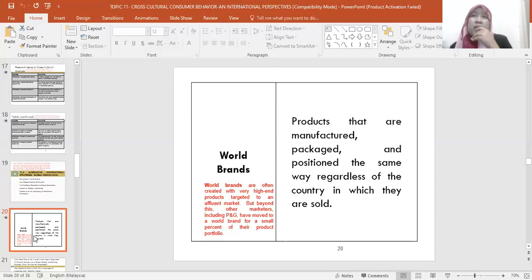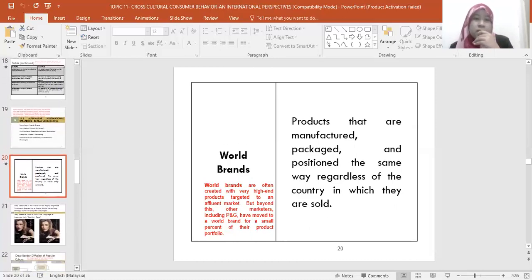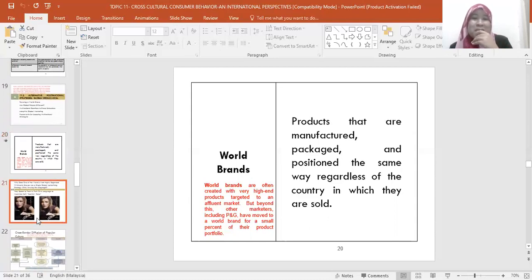So not all products in this world have the same standardized product. Even if the function is the same, the STP will be totally different, especially the positioning: how they do the packaging, how they make sure the customer understands the product's purpose and features. I'm quite shocked, right? But it's okay.